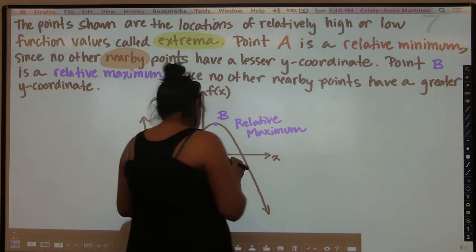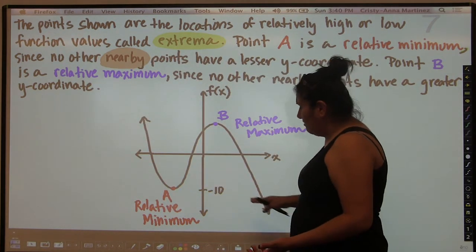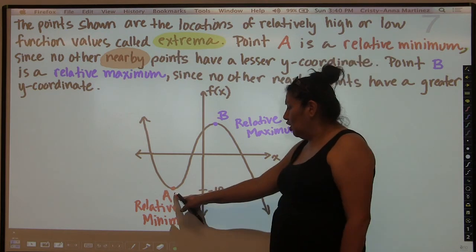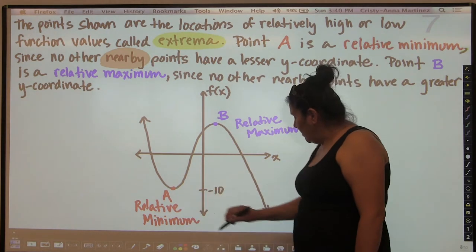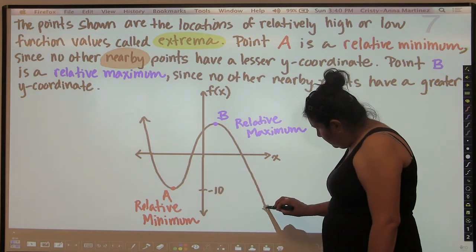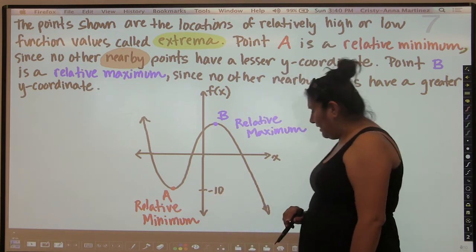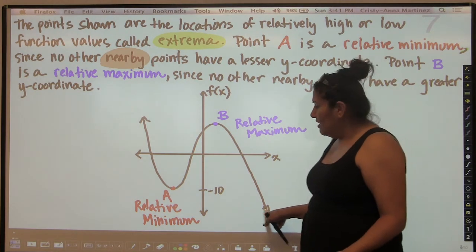Now let's suppose that this y value is -10. I mean, we don't really care, but it's a y value. Now what we're saying is, we're not saying that this is the lowest point on the graph forever. I mean, clearly we can find that there's a point over here, and the y-coordinate of this point is lower than the -10. So this point is obviously smaller, more of a minimum than this point.